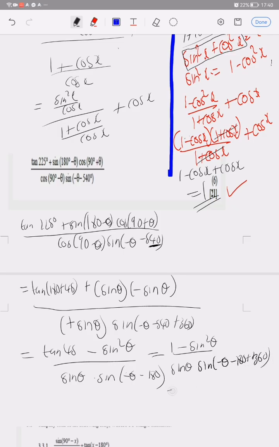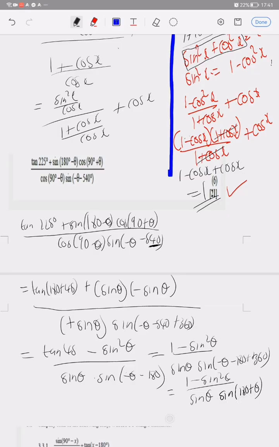Just do everything step by step. Is 1 minus sine squared theta over sine theta times sine of 180 plus theta, right? You see that negative 180 plus 360, you'll get 180.